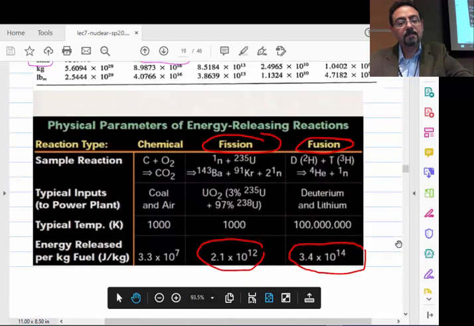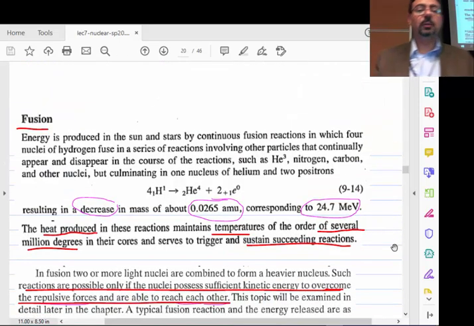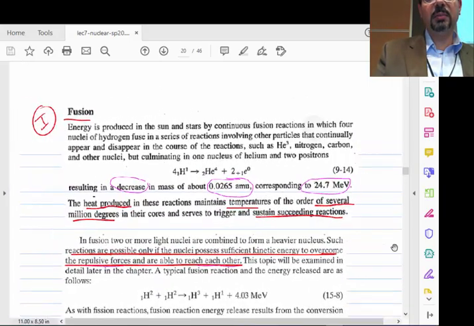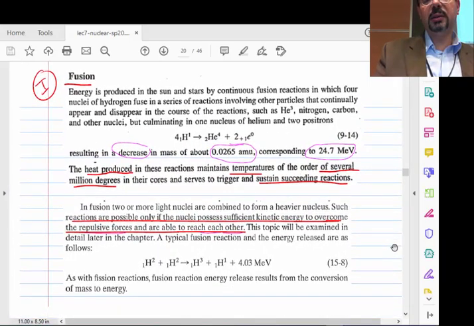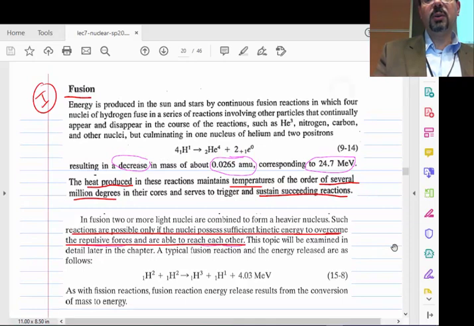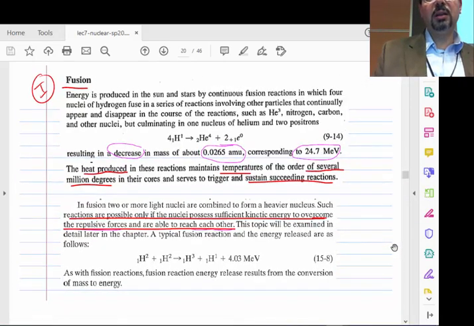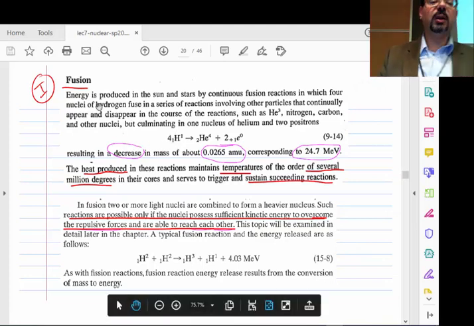Right? So why can we not do fusion so far? All the stars generate energy by fusion.